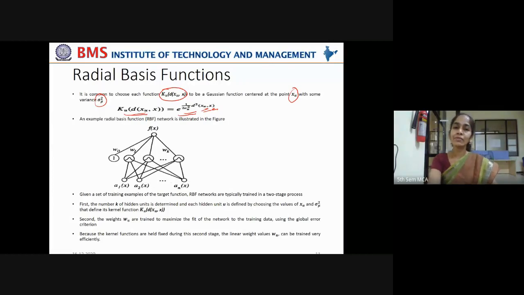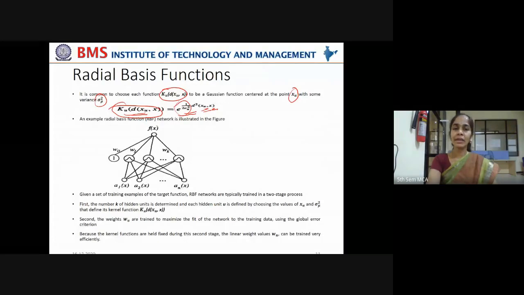Okay, this is the formula for the Gaussian distribution. Now, when we are considering that this kernel function should be a Gaussian function, then that Gaussian function's formula comes here to define the kernel. So this kernel is defined as e power minus 1 by 2 sigma mu square multiplied by the square of the distance, that is the distance between xq and x.